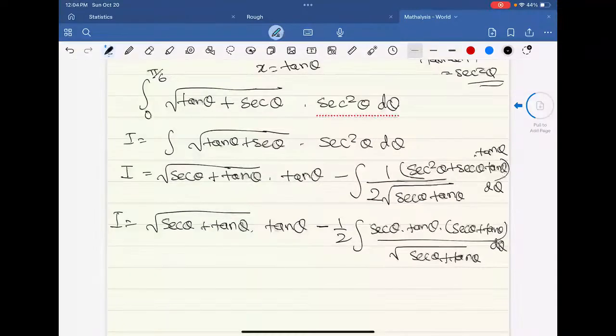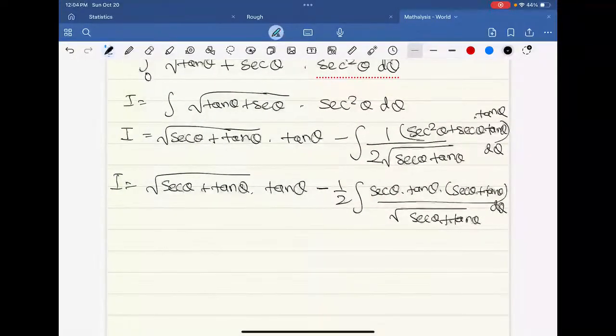I don't know where I'm going, but I do think I can change something over here. Yeah, I can change something though. Let me see if it works or not.